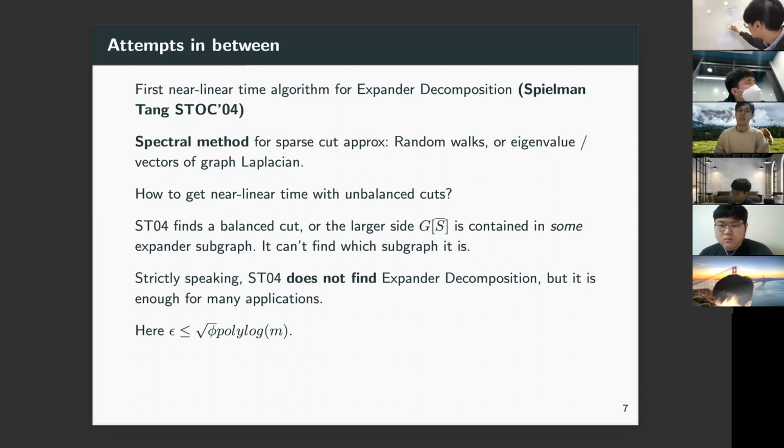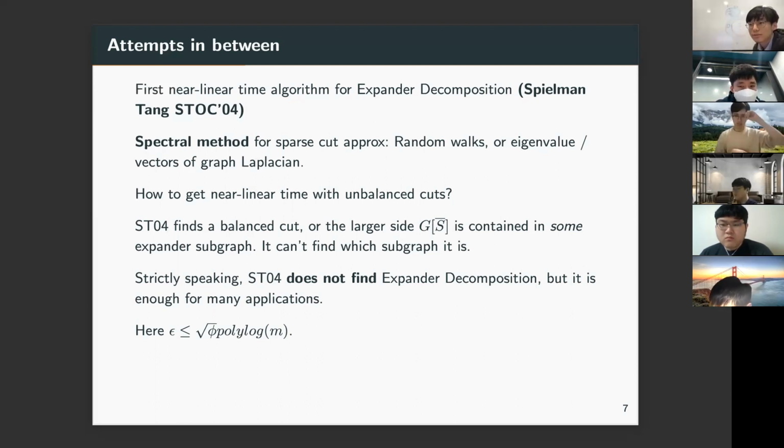And you can't even see that, but interestingly, that is also strong enough. So when you know that there is an expander subgraph that contains this S, then you don't have to find the decomposition afterwards. You can think of this as a sort of expander.